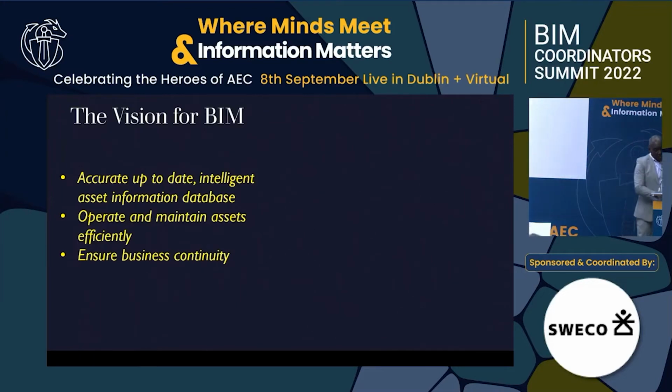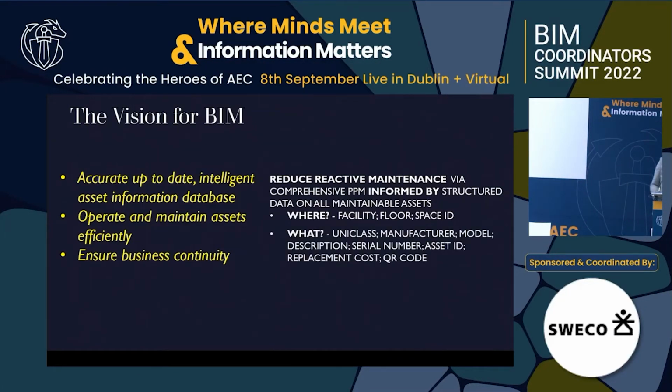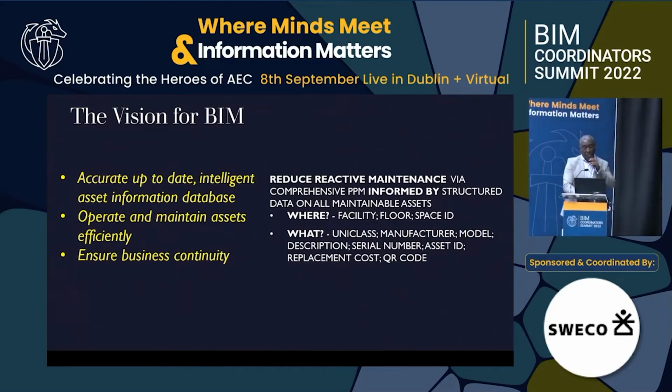Ultimately, what we're saying here is that we're looking at the five usual questions. So we're looking at where, we're looking at what: unit class, manufacturer, model, description, serial number, asset ID, replacement cost, QR codes.